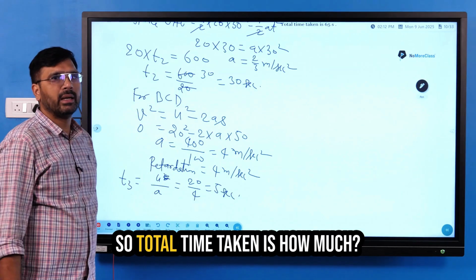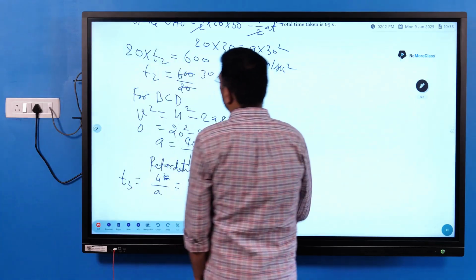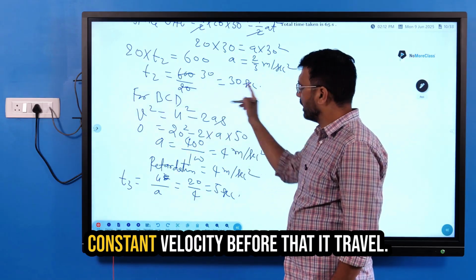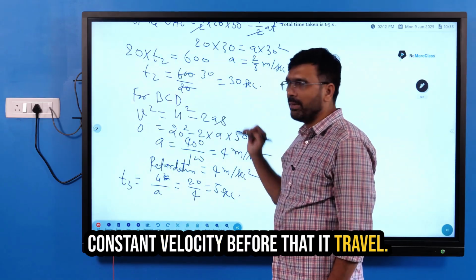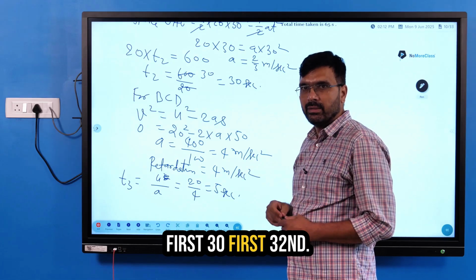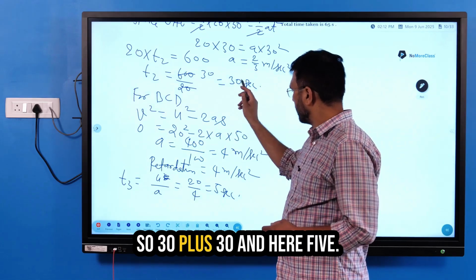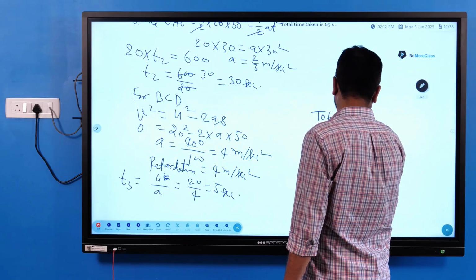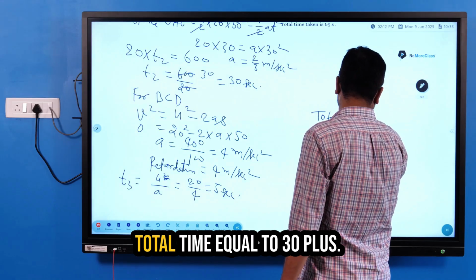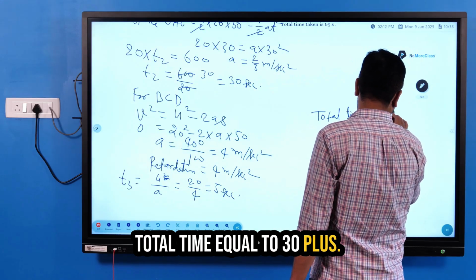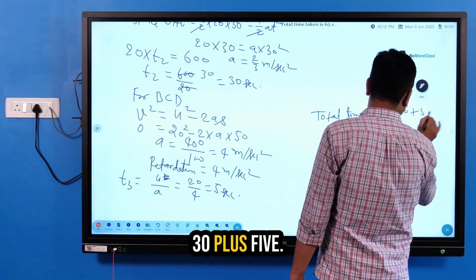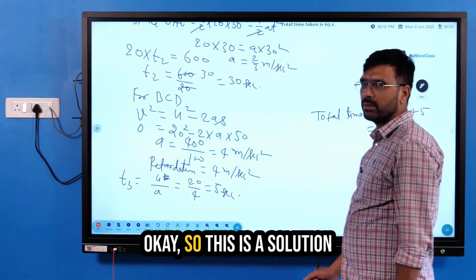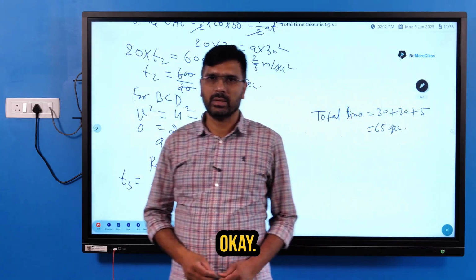So the total time taken is: first 30 seconds, then 30 seconds moving with constant velocity, and here 5 seconds. So the total time is 30 plus 30 plus 5, so 65 seconds. So this is the solution of this question. Thank you.